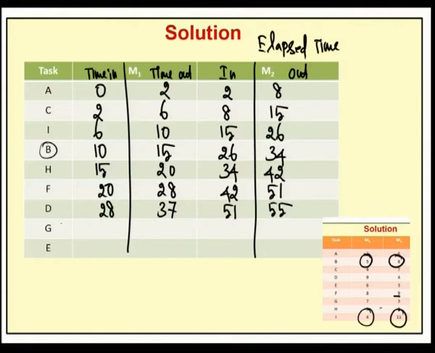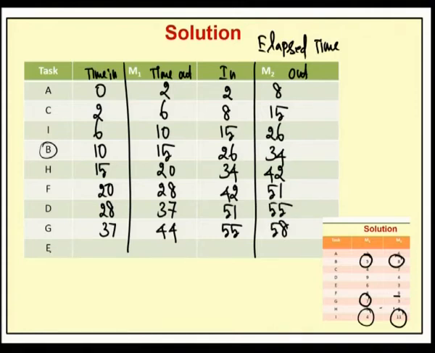Next, for the task G, the in time is 37 and the processing time is 7. So 37 plus 7, which is 44. For the task G under machine 2, the starting time is 55 and the processing time is 3. So 55 plus 3, 58.